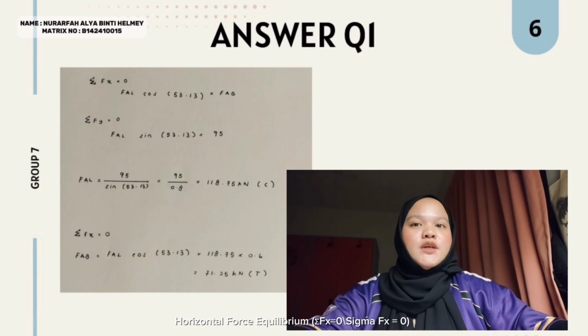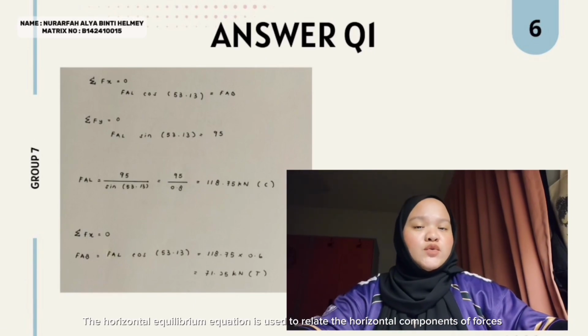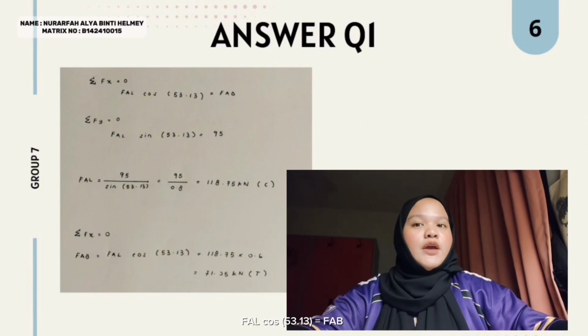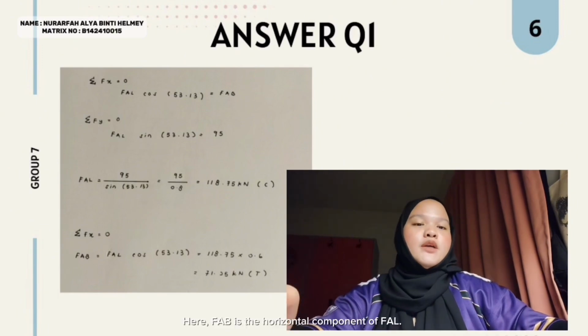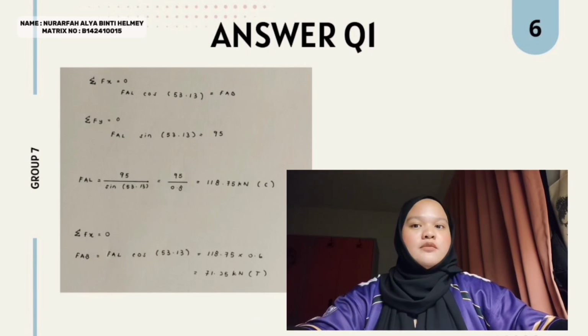Horizontal force equilibrium, sigma Fx equal to 0. The horizontal equilibrium equation is used to relate the horizontal components of force: FAL cos 53.13 degrees equal to FAB. Here FAB is the horizontal component of FAL.